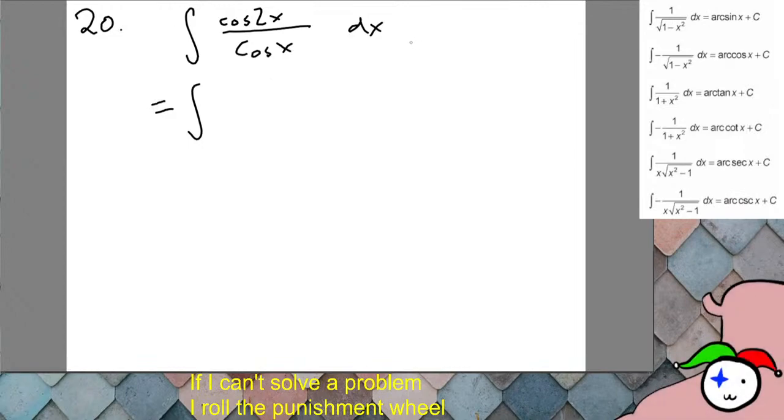So cos 2x is cos squared minus sine squared. Now, which of the identities will give me the easiest time here? Tangent, maybe? No. Secant, maybe?